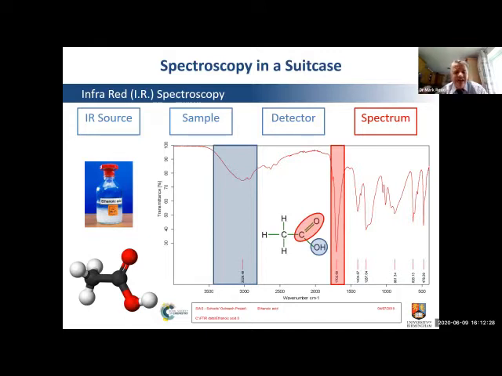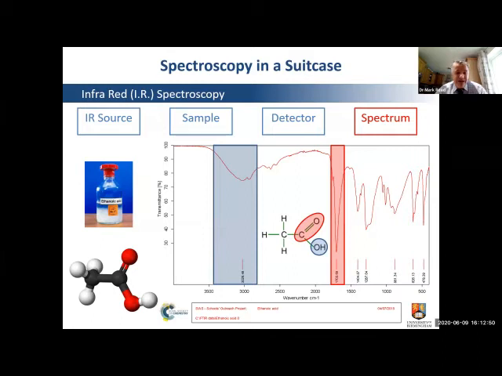Remember I said the energy matches the vibration of the two atoms. When that happens, we see a peak in our spectra. When we see a peak, we know that the energy has been absorbed. We can then look up the energy, match it to a bond energy, so we know that that bond must exist in our sample. That's really the foundation of infrared spectroscopy.